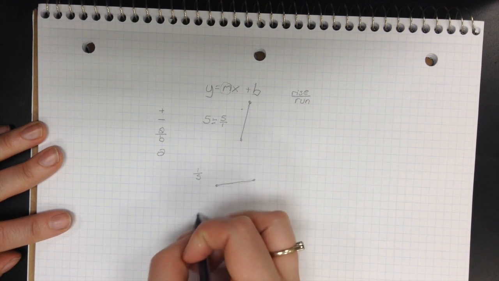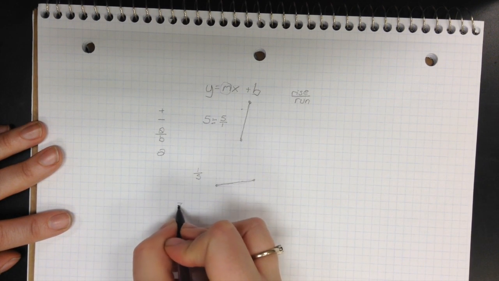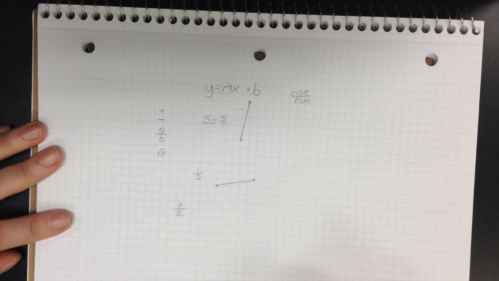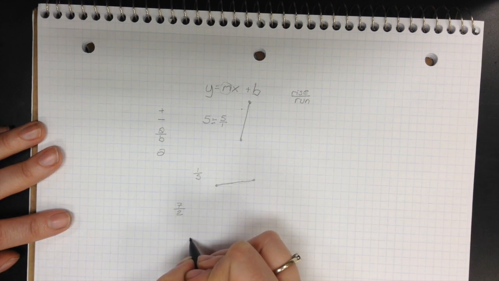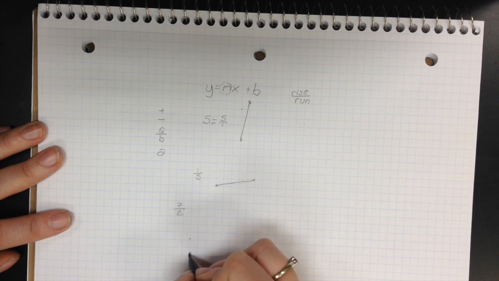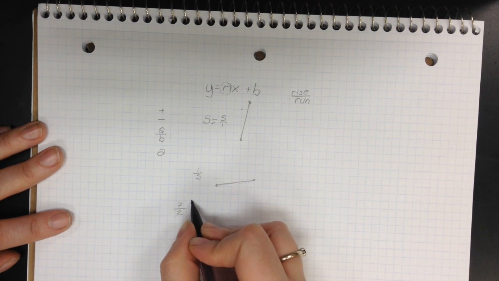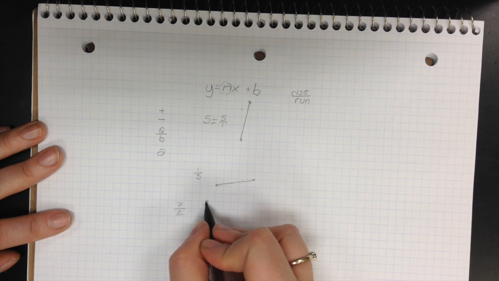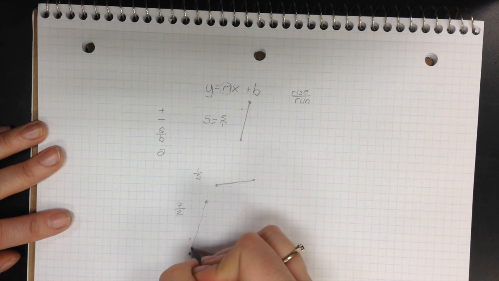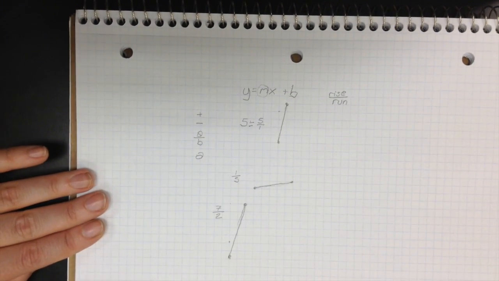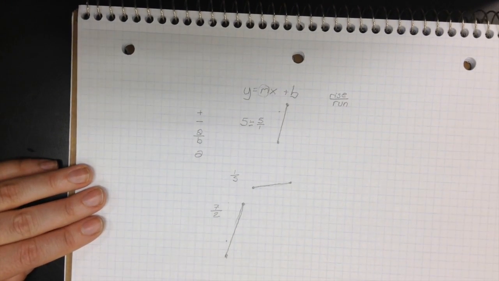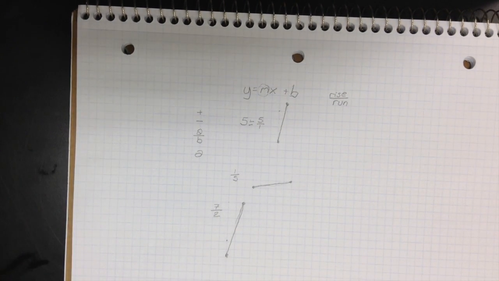If I had a slope of 7 over 2, right, I would want to rise, well, let's see, I better start low enough to make sure I can actually go up 7. So rise 7 over 2, and now if I connected those 2 points, I would have the right slope. So we're going to practice a few of these. Make sure that your notes are as full as possible, and the video will be on the website.